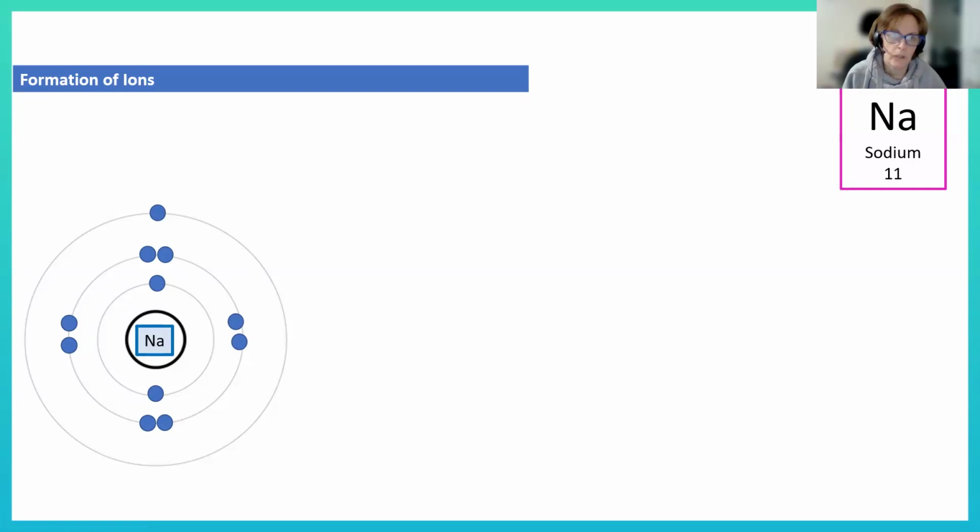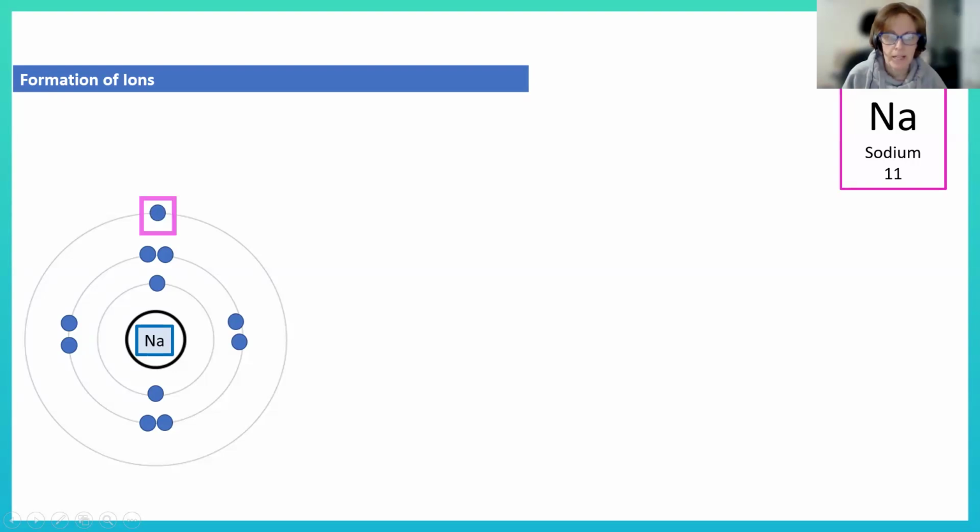So in order to get a stable electron configuration, in other words, a full outer shell, the easiest thing that could happen to sodium is it could lose this 1 electron. I mean, it could gain another 7, but that's not very easy. It's much easier to just get rid of this one.